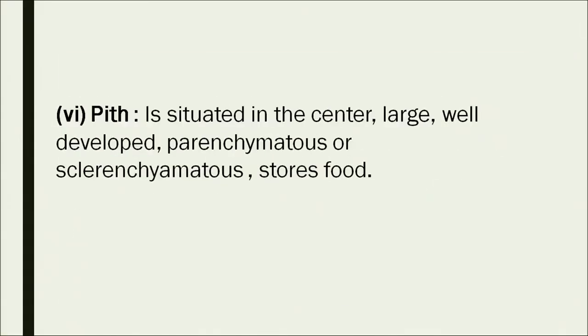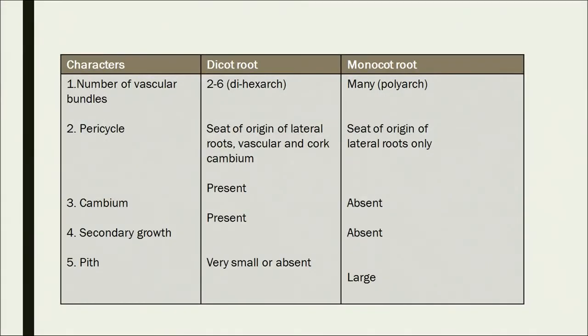Now let us differentiate dicot and monocot roots. You can see in this table the number of vascular bundles. On the top of the table, dicot roots can have 2 to 6 vascular bundles, but monocot root has many bundles.